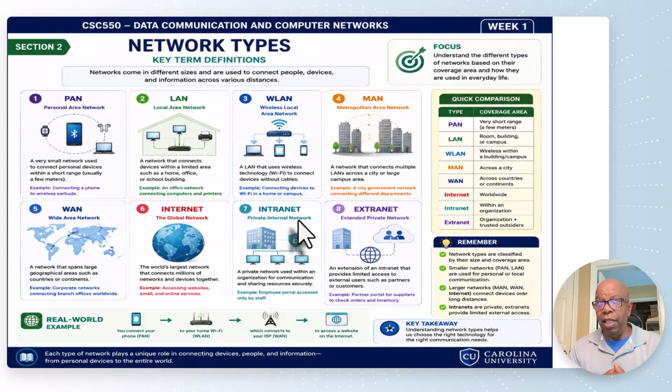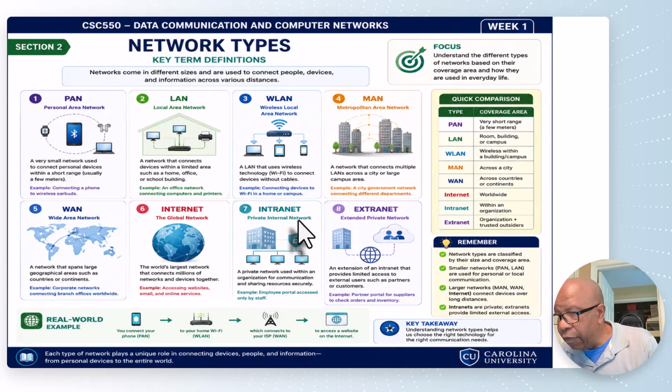I could have everything that's connected to Carolina University. I can make that an intranet. So within the university I'm connecting all the laptops, all the PCs. Basically it's a private network used within the organization for communication and sharing resources securely.